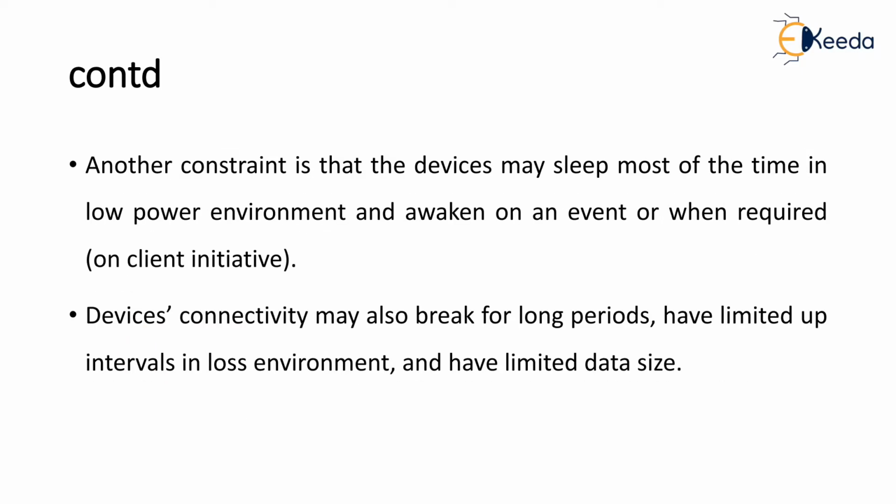In this, the constraint is that the devices may sleep most of the time in a low power environment and awaken on an event or when required. That is client initiative, which is done by the client. A device may be using more power, so when you are not using that device for a specific period of time, it will automatically go to sleep.